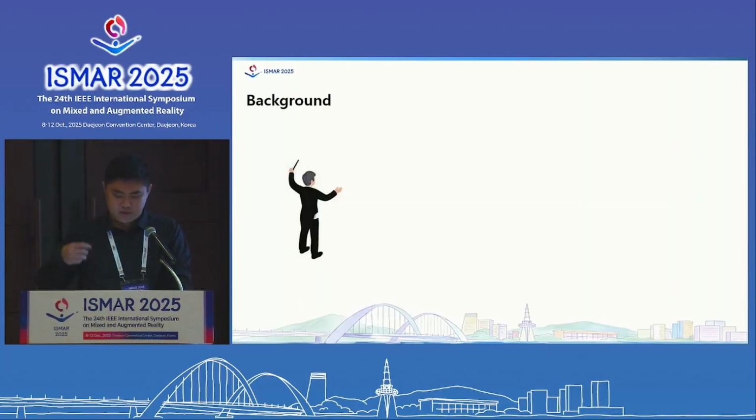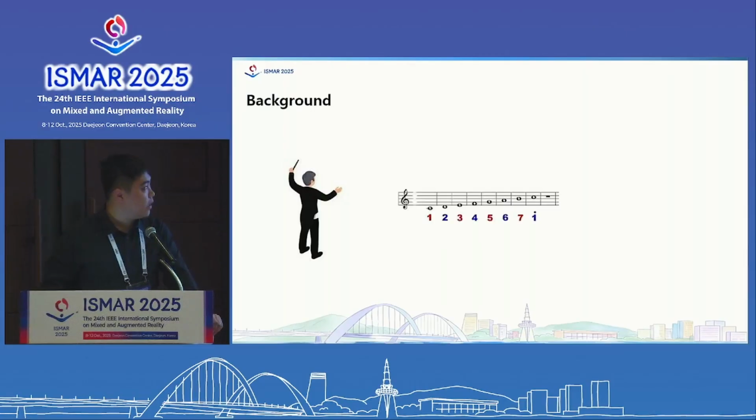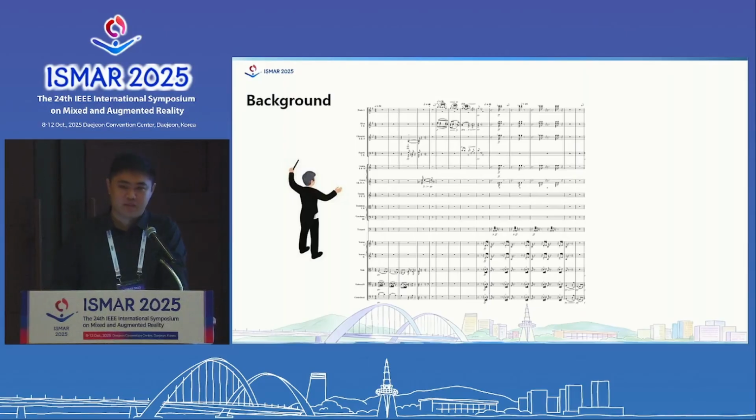In a symphony orchestra, the conductor first needs to read the score and understand it. It's not a simple one, but a more complex one. The conductor should understand all instruments, what they are playing, when they begin, and how loud they should play.